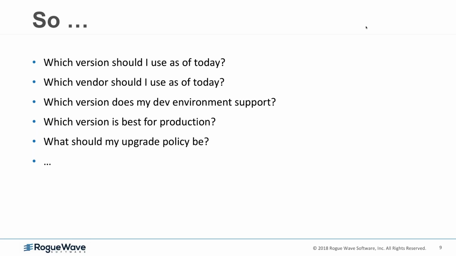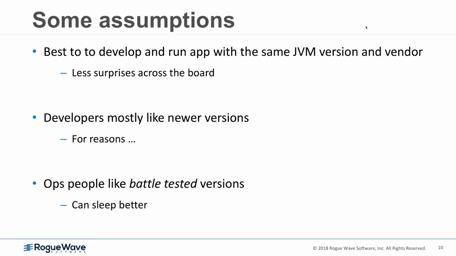We have made a couple of assumptions. Generally, we believe that it's best to develop and run an app with the same JVM version and vendor. Background here is that it's just less surprises across the board. You will get less of "it works on my machine" or "it doesn't work on this machine." Another one is developers mostly like newer versions.